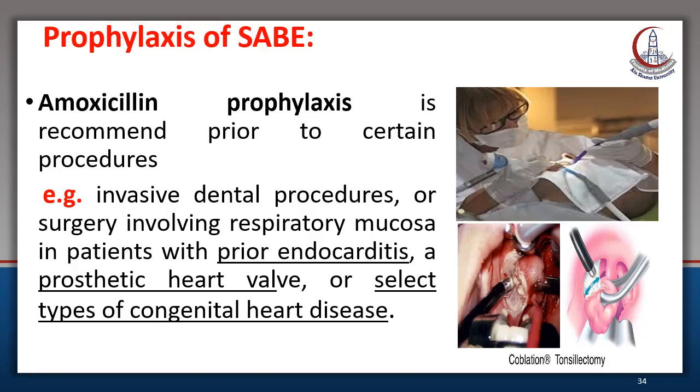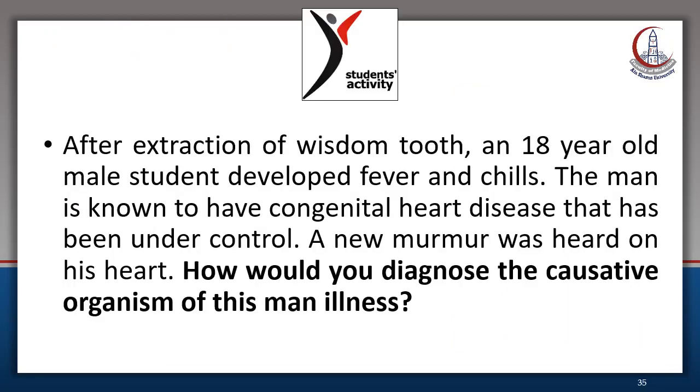All dental procedures that involve manipulation of gingival tissue or the periapical region of teeth, or perforation of the oral mucosa, require prophylaxis before the procedure. This also applies to individuals who undergo invasive procedures of the respiratory tract involving incision or biopsy of the respiratory mucosa, such as tonsillectomy or adenoidectomy.